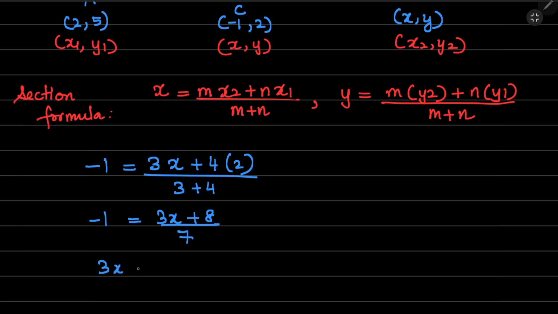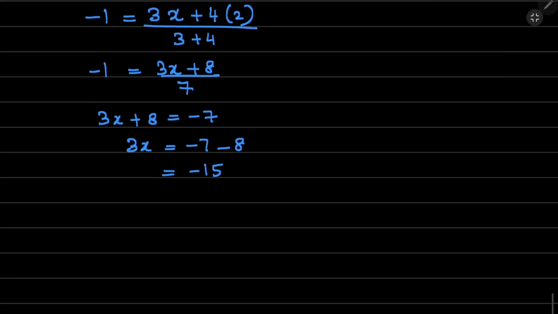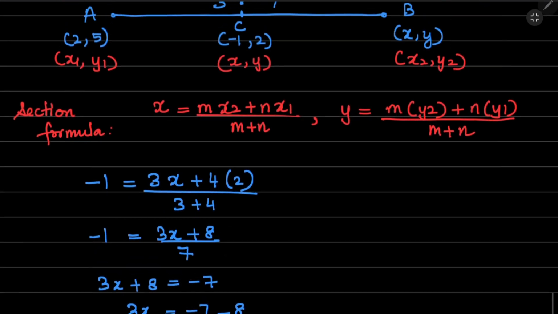So 3x plus 8 equal to minus 7. So 3x equal to minus 7 minus 8, which is minus 15. So x is equal to minus 15 divided by 3, which is minus 5. Therefore, x is equal to minus 5. That's your first point.